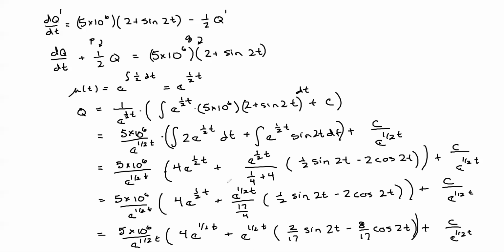Okay, almost there. So the next step, we can go through and take this e to the 1/2 t and distribute it through this parentheses, and it's going to cancel these, right? So you can take this, cancel that. Okay, and then let's see where that puts us, right?